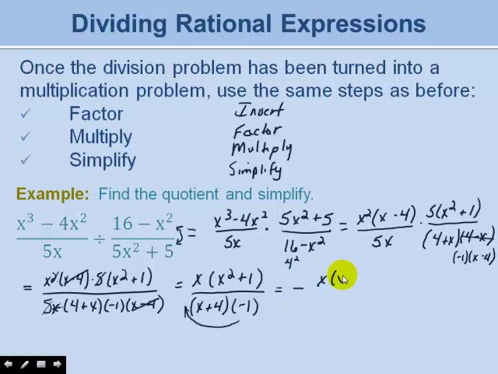So we have the opposite of x times the quantity x squared plus 1. And on the bottom now all we have is the x plus 4 because we took that negative 1 and moved it all the way out in front. Now you can only do that with a negative 1. If it were a negative 2 or some other number, we wouldn't be able to get rid of it that way. But here is our final simplified answer.